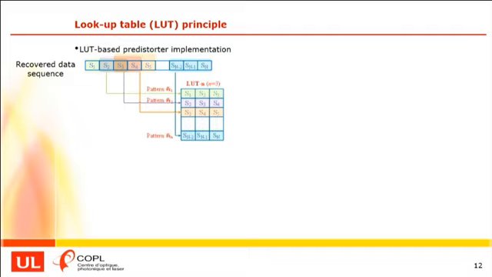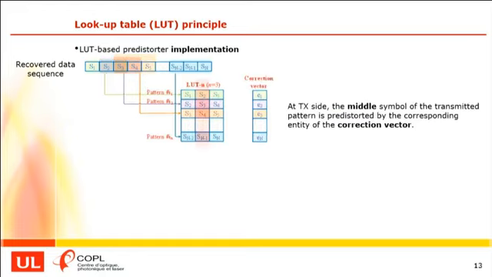So for instance, in this illustration, we're looking at a memory length of 2, or memory depth of 2 in the lookup table. And as I slide along, I'll see which 3 symbols are in this sequence. And in the table, that will become the address for my table. And in the table, I will have a correction factor for the middle symbol. So this is my mapping.